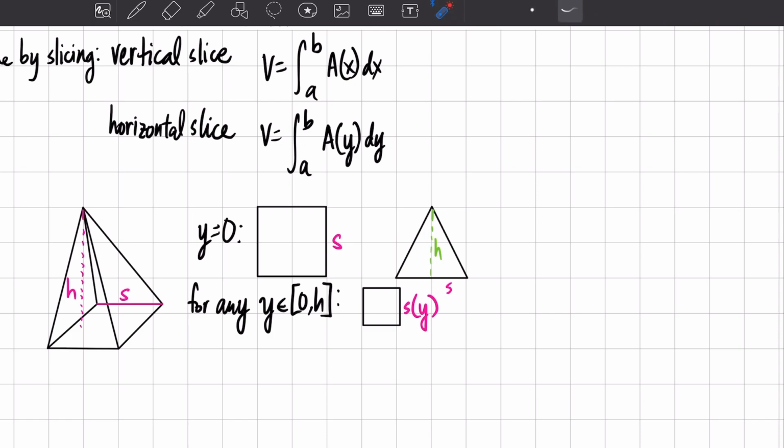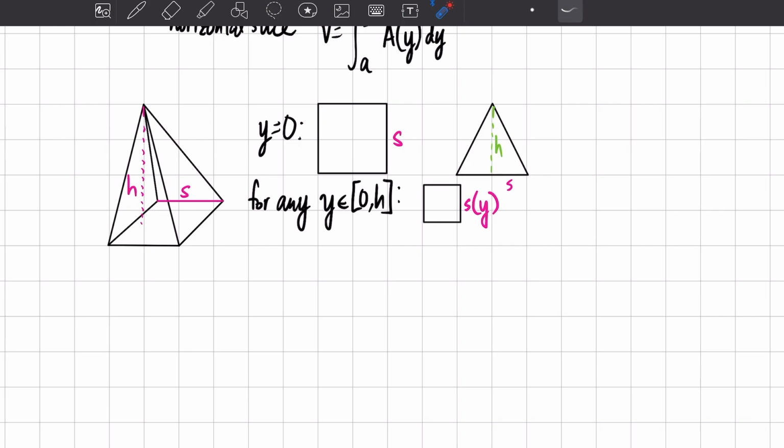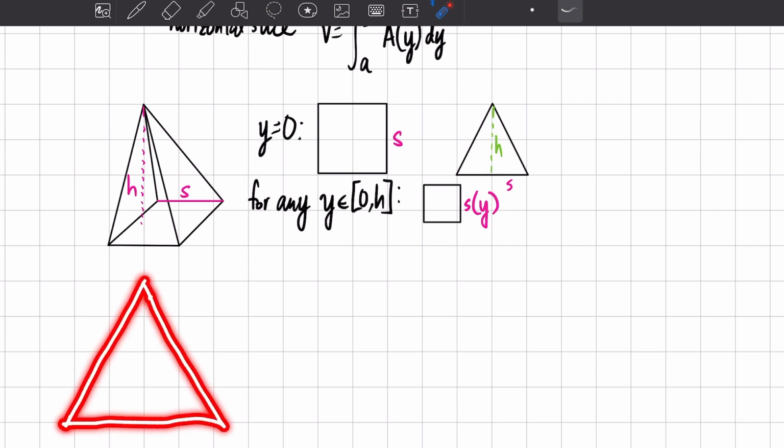However, if you slice right here, what you'll get is still a triangle, but your triangle now would have a base of s of y, since this corresponds to the length of your square. So let's try and draw your triangle here. This is of height h.